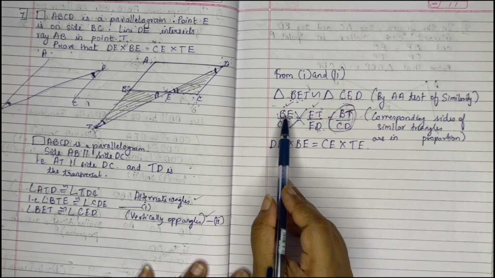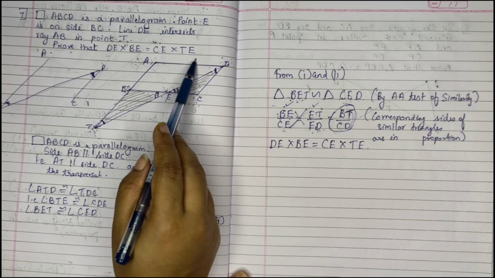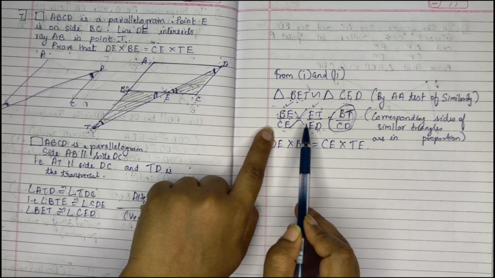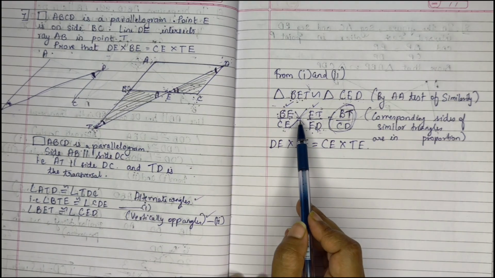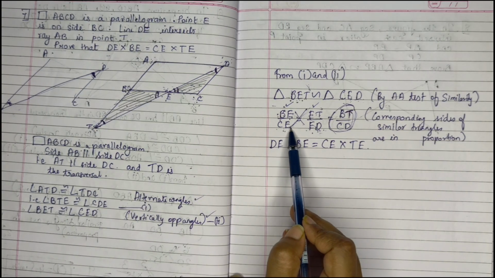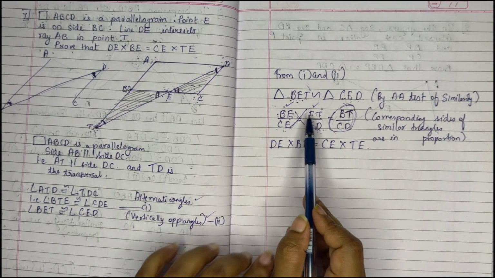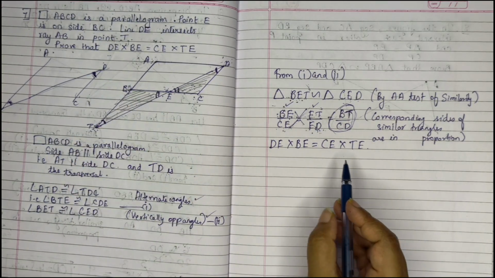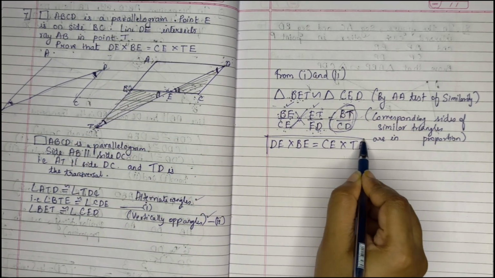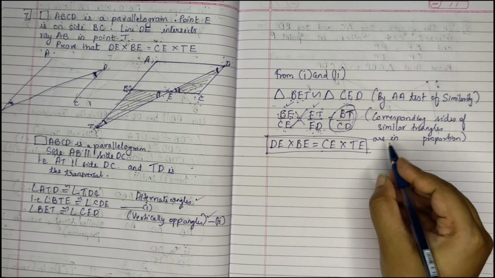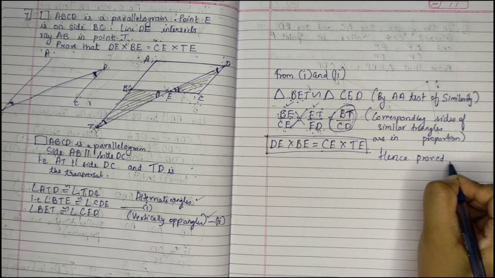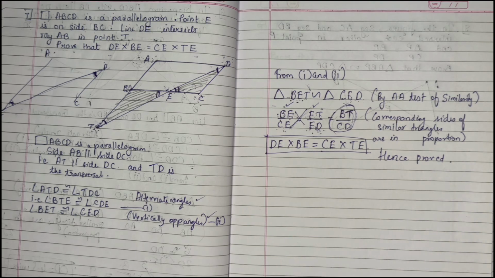So after cross multiplying we get what we had to prove, that is DE into BE is equal to CE into TE. Instead of ET, write TE in order. So this is only what we had to prove. Hence proved. Okay, so we have finished the seventh sum.